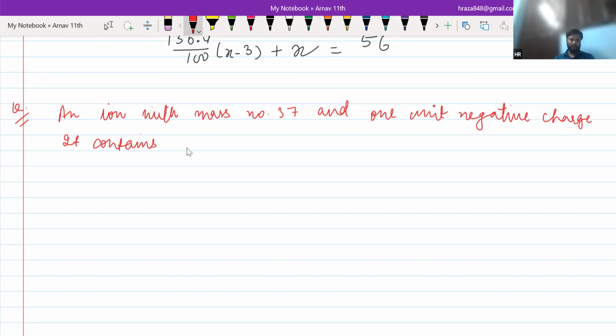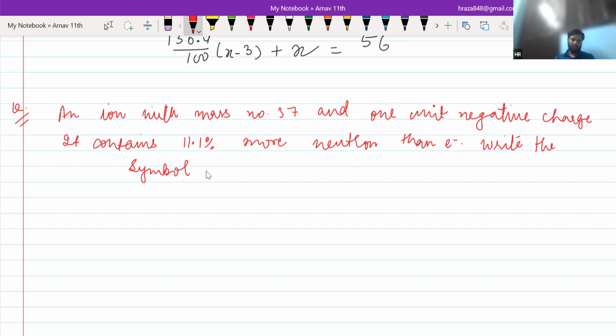It contains 11.1% more neutrons than electrons. Write the symbol. Please write this question.